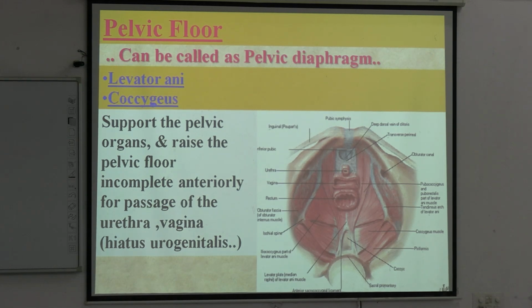Now, just like the diaphragm, which has two domes, right dome and left dome, and a central tendinous part, the floor of this region also has two components. We call them the coccygeus component and the levator ani component. So the pelvic diaphragm is made up of two muscles, levator ani and coccygeus.